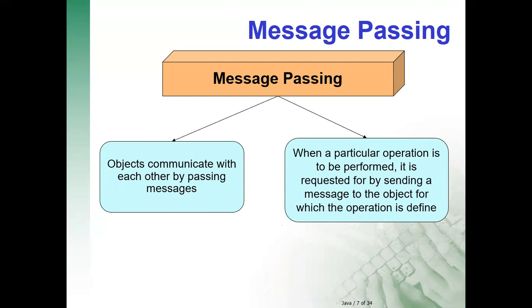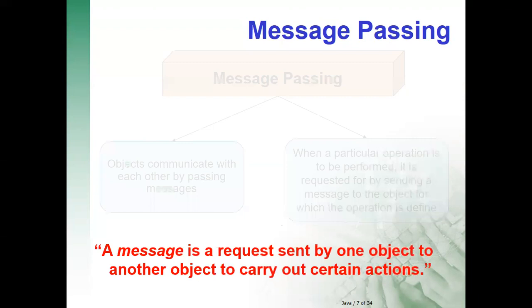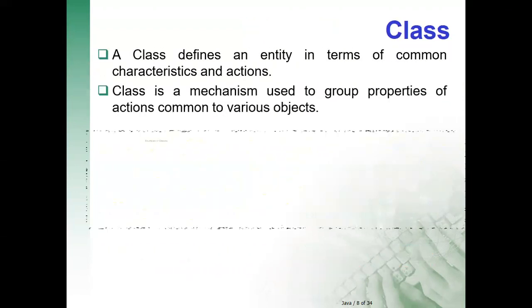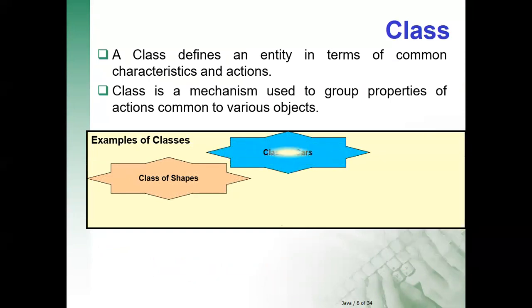So message passing is a concept which we use for the communication between multiple objects. As I said, message passing is a concept which is used for communicating between one object and another object.